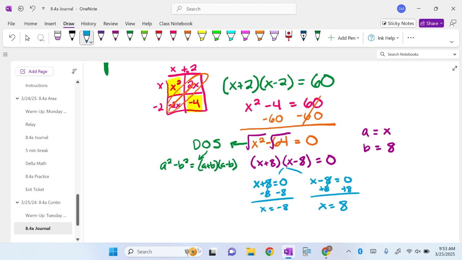If you were trying to measure out the amount of fencing you have, you're not going to have a negative amount of fence. All right. You have 0 and that's it. It doesn't go past that. So we can toss out the negative answer, and the x value that we want is 8. So this is actually the side value of the square.